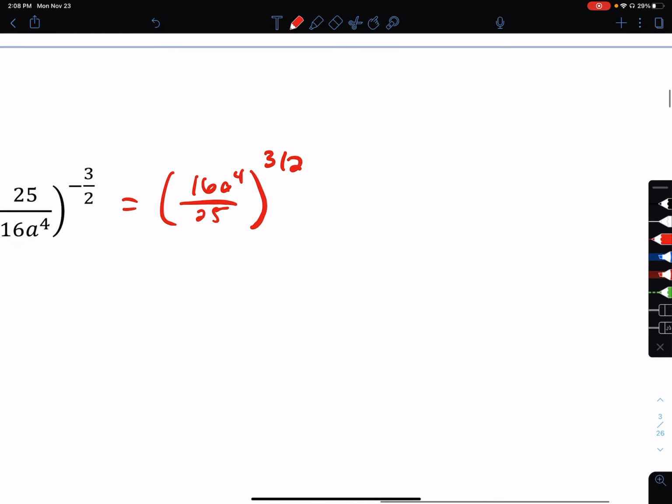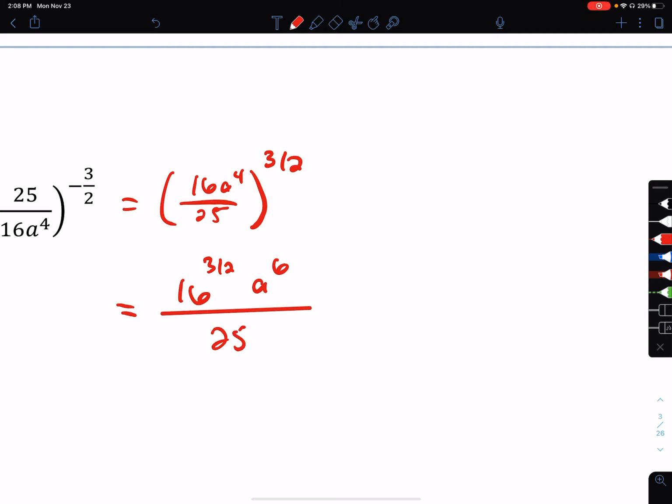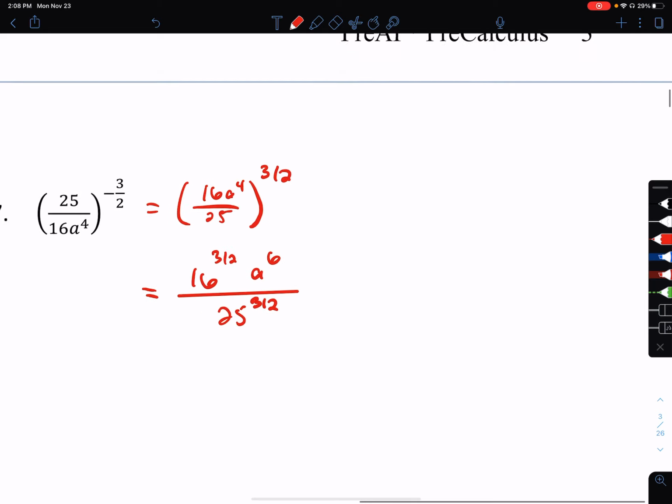And then the power to a power property, every factor on the inside we're going to raise to the 3/2. Power to a power, 4 times 3/2. 4 times 3 is 12, divided by 2 is 6. In the denominator, we're going to have 25 to the 3/2.